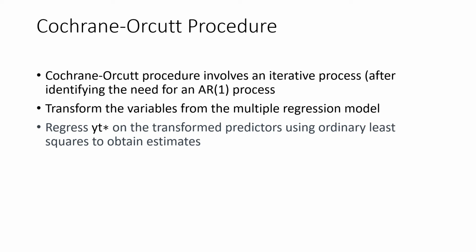When I say iterative process, you are looking into the AR1 process. Then you transform your variables from the multiple regression model. Then you regress Y_t star on the transformed predictors using the ordinary least squares (OLS) method to obtain the estimates. This is an iterative, step-by-step procedure.